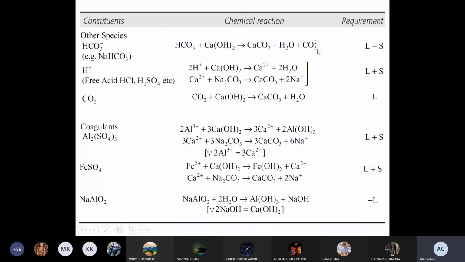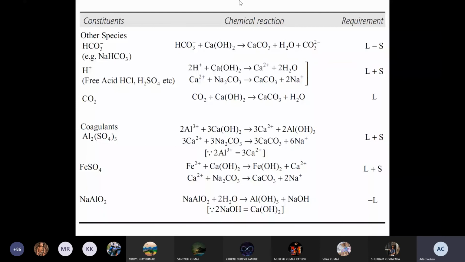and that carbonate may be in the form of sodium carbonate or potassium carbonate. Okay, suppose this bicarbonate ion is in the form of sodium bicarbonate, and sodium bicarbonate reacts with lime, so you will get calcium carbonate precipitate, H2O, and sodium carbonate. What is sodium carbonate? Sodium carbonate is soda itself.